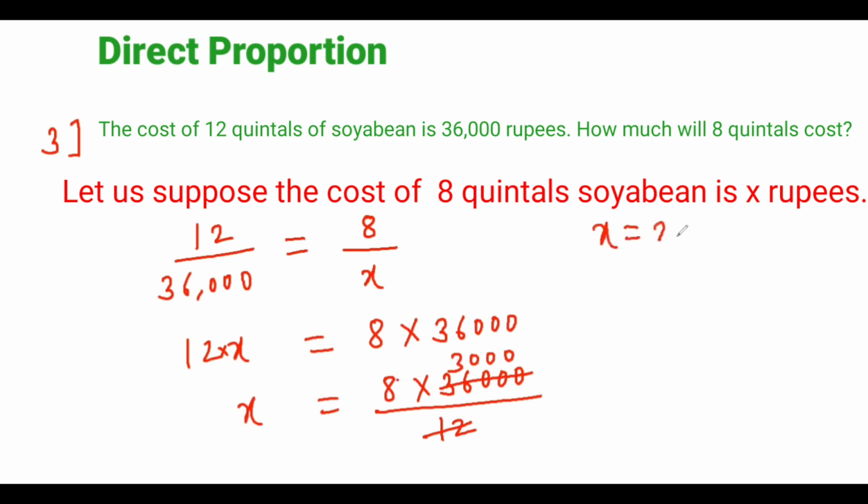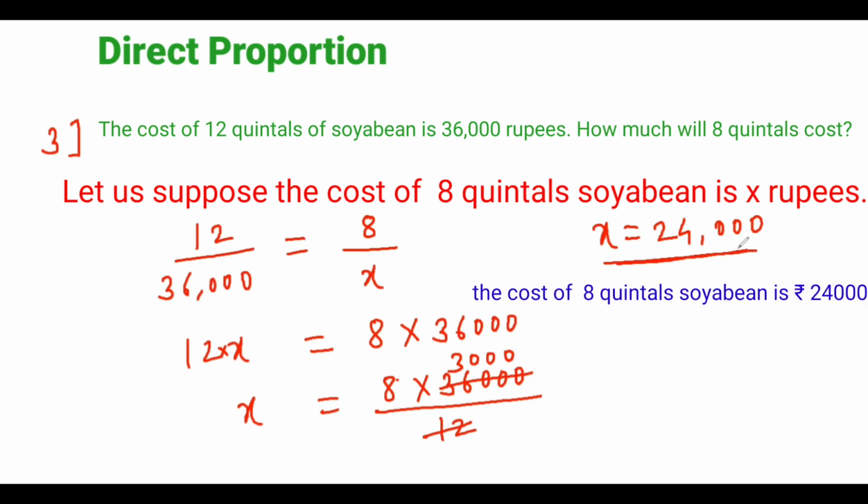So x is equal to 8 into 3000, it will become 24,000. So the cost of 8 quintal soybean is rupees 24,000 is the right answer. So student, I think you will get my point. This is the direct proportion with quantity, means quantity increases, automatically price also increases.